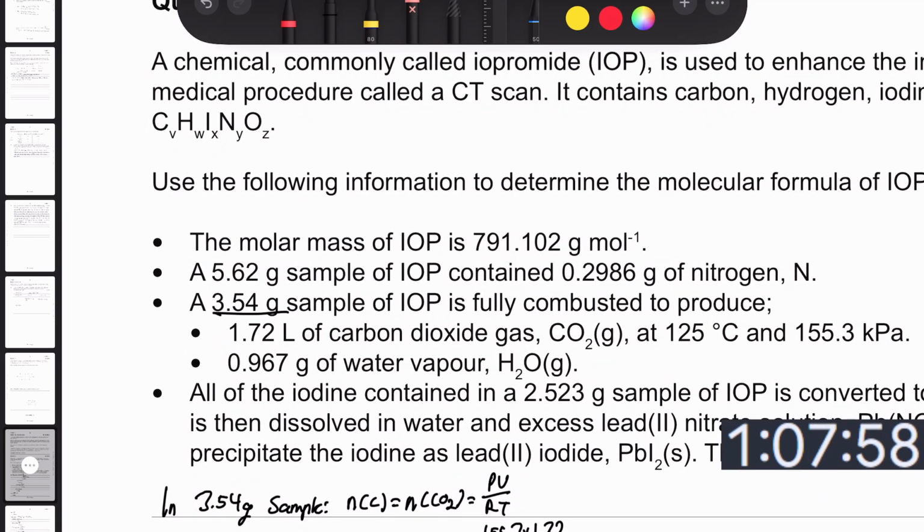And then the molar mass of IOP is 791, which is not going to be divisible by my answer. It's going to be about 2. Okay.